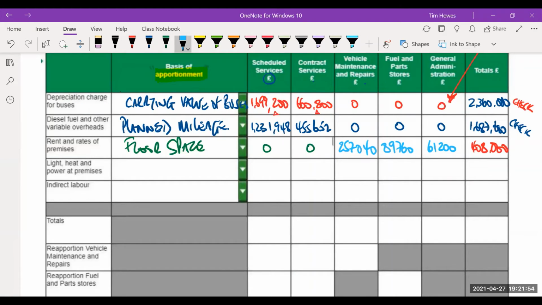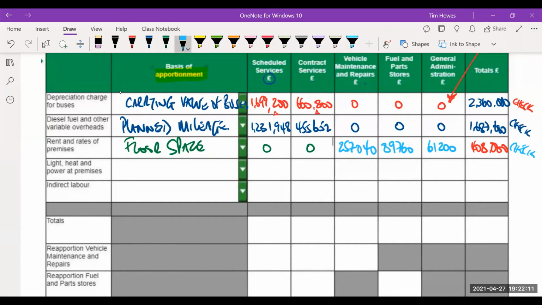Now you should calculate in the exam those three things independently. Okay, Elena, agreed. Independently, then check that they add up to your total. Okay, and then you're fairly comfortable that you've done it right.